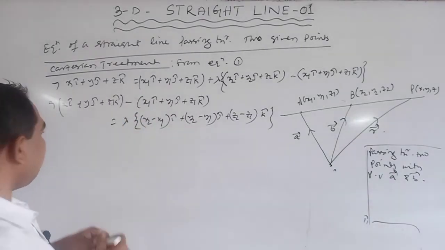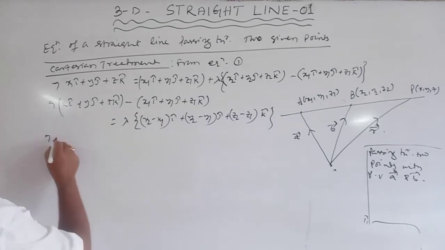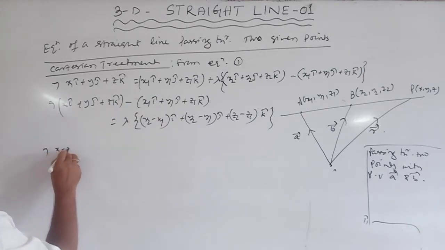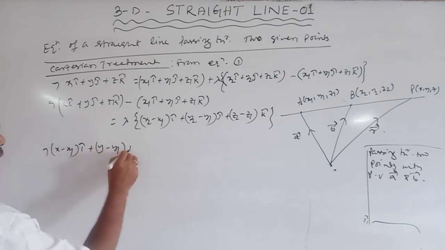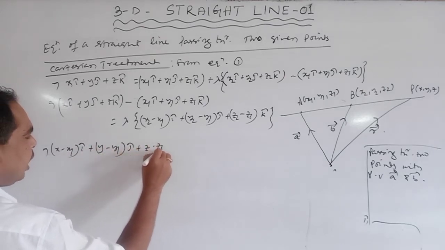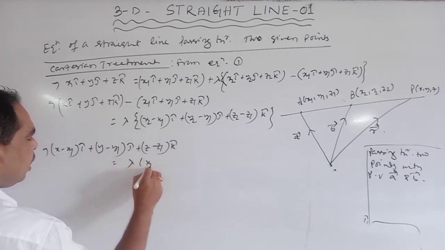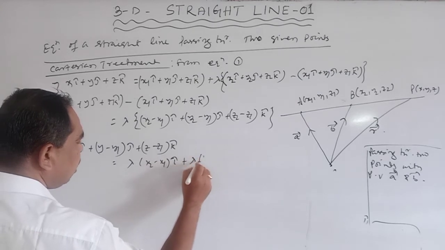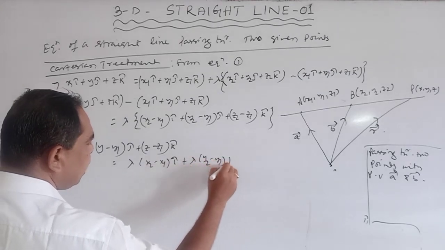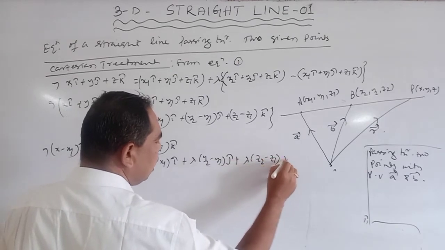This implies x minus x1 into i cap plus y minus y1 into j cap plus z minus z1 into k cap is equal to lambda times x2 minus x1 i cap plus lambda times y2 minus y1 j cap plus lambda times z2 minus z1 k cap.